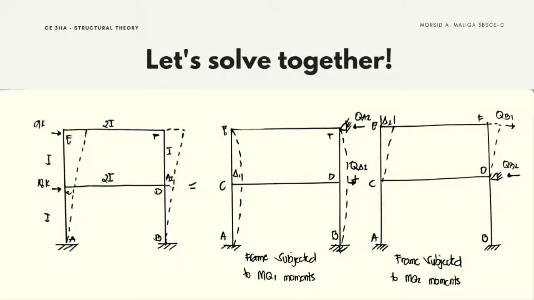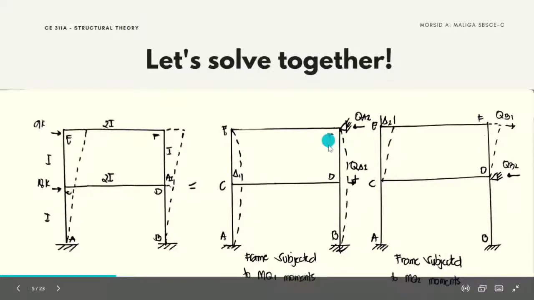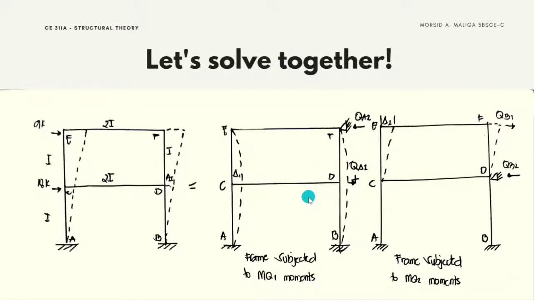So eto siya. So yung figure na pinresent or yung figure na binigay sa atin in our problem, eto na yung kalalabasan niya. So kapag hinati natin ito siya into two figures, kapag in-apply natin yung force doon sa figure na yon, meron tayong 9 kips and 18 kips, di ba? Magbe-bend siya dito ng pagganyan, paslant. So hinati natin yun siya. So yung first figure natin is magbe-bend siya ng ganito. So that is frame subjected to MQ1 moments.